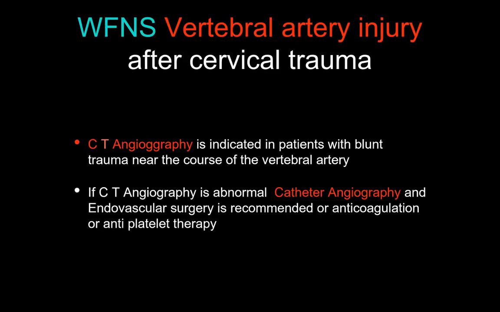So if the patient has a blunt cervical trauma, CT angiography is indicated, and if you find anything in the angiography, you should immediately shift to catheter angiography and endovascular surgery, or anticoagulation or antiplatelets. So CT angiography, and then if you suspect something, catheter angiography, endovascular surgery, or start anticoagulation and antiplatelets.